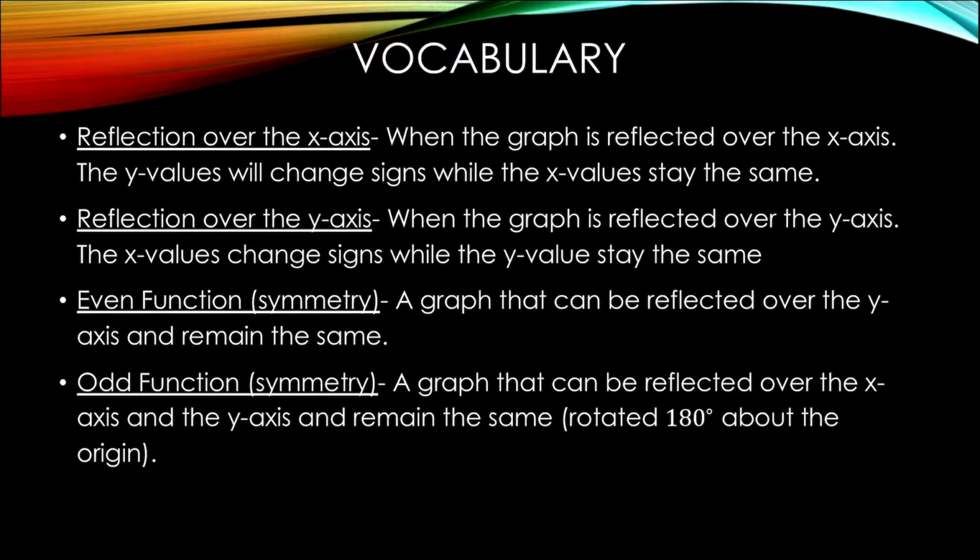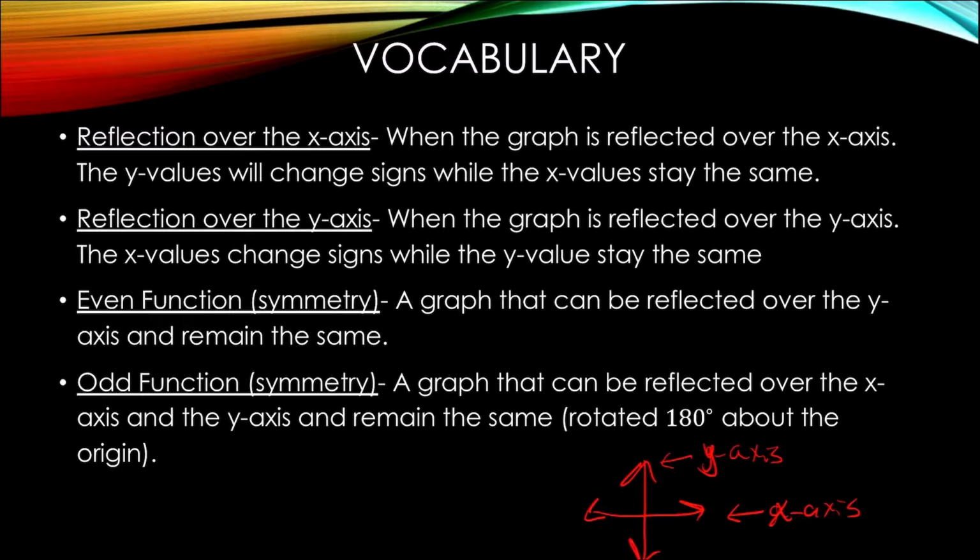We're going to talk about some reflections over the x-axis. Remember, if I have my axes here, my x-axis is the one that goes left and right. My y-axis is the one that goes up and down. Okay, so if I reflect over the x-axis, this means I'm reflecting over that left to right axis, and it's going to be a mirror image.